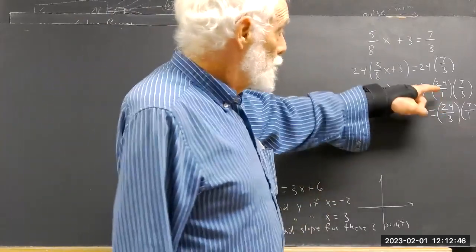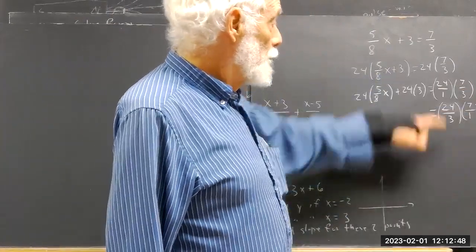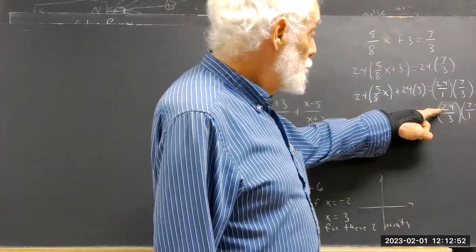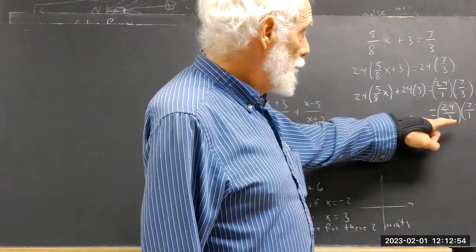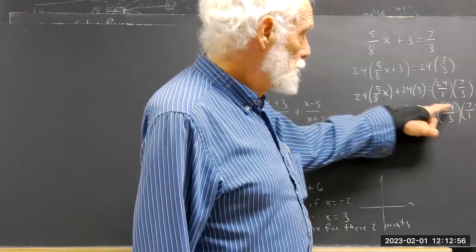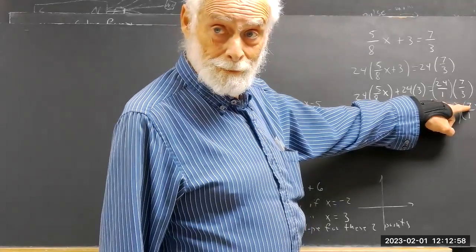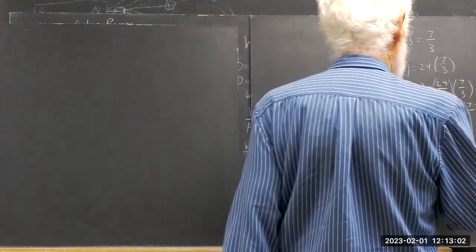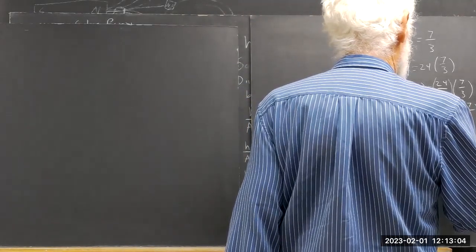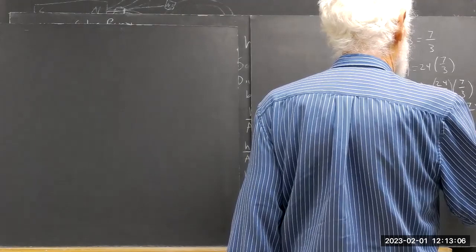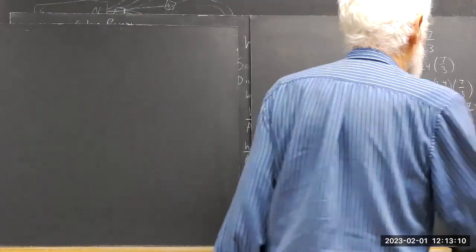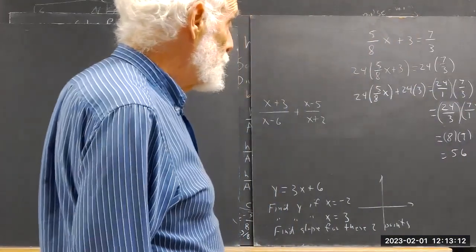The numerator is 24 times 7, the denominator is 1 times 3. The numerator is still 24 times 7, and the denominator is 3 times 1, which is the same as 1 times 3. And the bottom line of that is that it gives us 8 times 7, which is going to be 56.